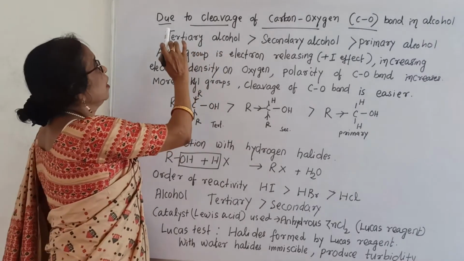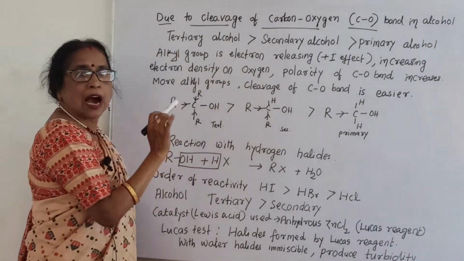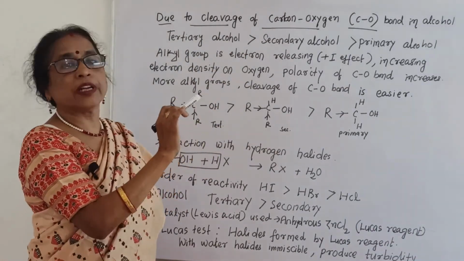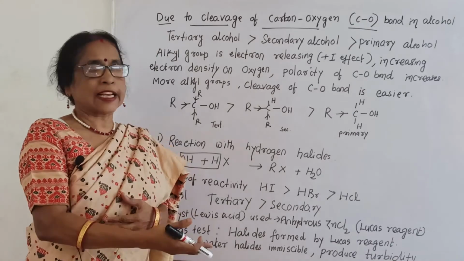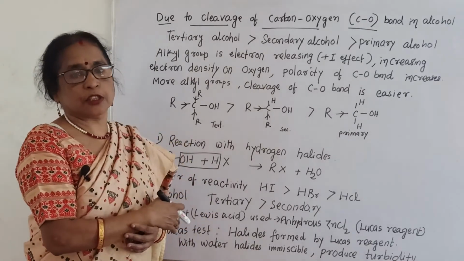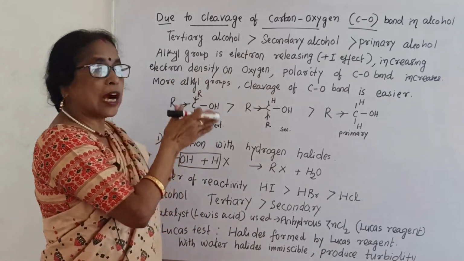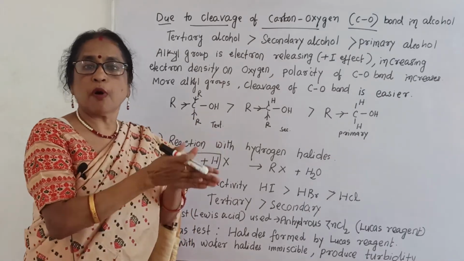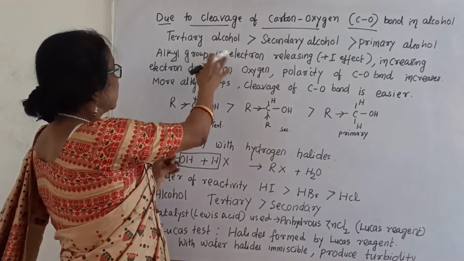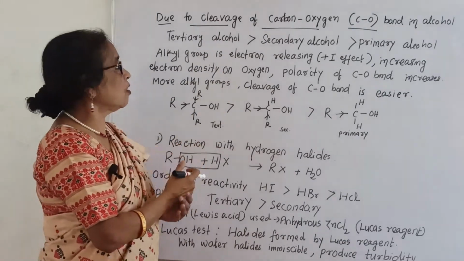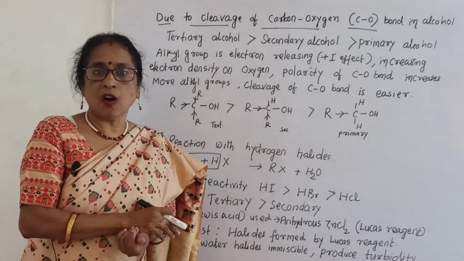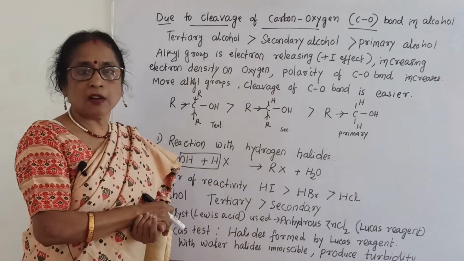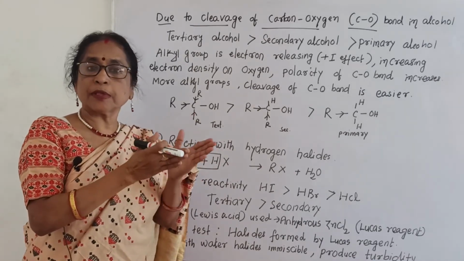Now we will see reactions due to cleavage of the carbon-oxygen bond in alcohol. This is the second part of the chemical reactions, where we will involve the carbon-oxygen bond. How the carbon-oxygen bond will break. Now you can see here tertiary alcohol, secondary alcohol and primary alcohol, where the alkyl groups are more.